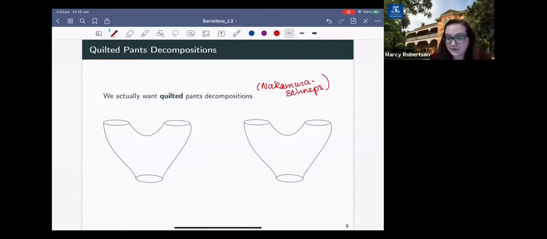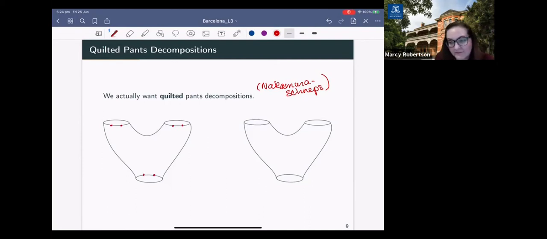So what is a quilted pants decomposition? In addition to the pair of pants, we're going to sort of cut up the pants into some hexagonal pieces. So on each circle of a pants decomposition, note that in a pair of pants, the boundary circles count as parts of the pants decomposition.